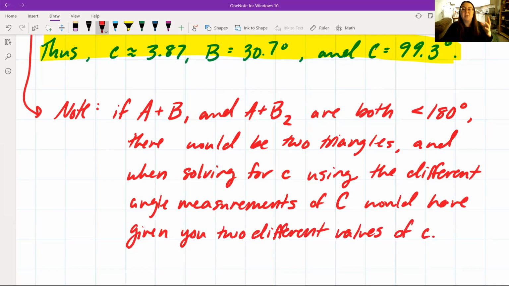This is because it would have been separated into two separate triangles, which would then give you two different values of your lowercase c. In the case of our problem, we didn't have this because our angle measurement of B sub 2 would have made this greater than 180, so we didn't have to deal with it. But if we did, this is how we would go ahead and use it.